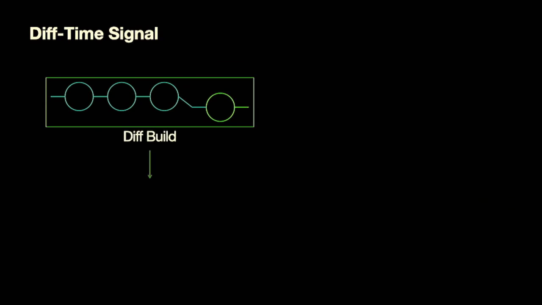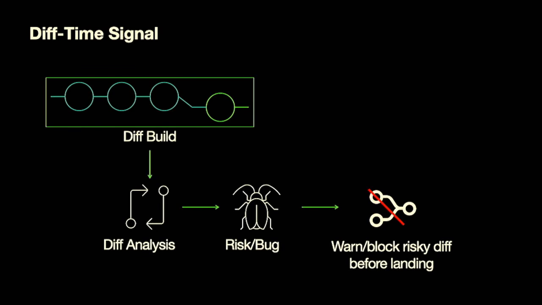Diff time signaling is one key step to further shift the regression detection and fix earlier. But on the other side, diff time detection is a hard problem because of the constraint on computation resources and also signal quality. Fosta is quite efficient to finish end to end.